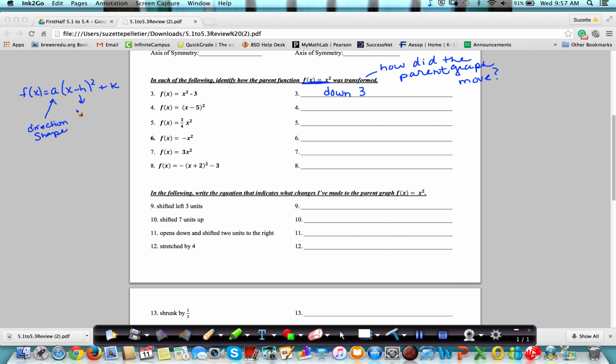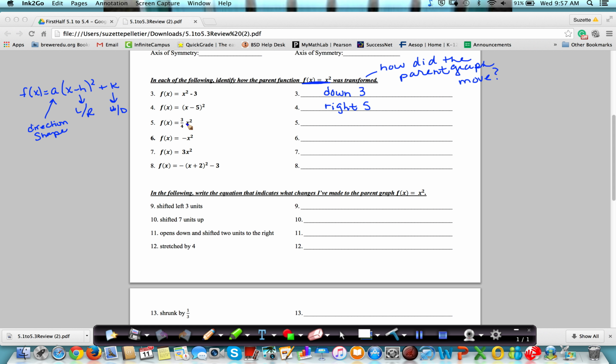And this one was left or right, and this one was up or down. That's what I'm wanting you to think about right now. So this was up or down. This is within the parentheses, left or right. And so remember, we have to do the opposite. So if it says -5, that means I'm going to the right 5.